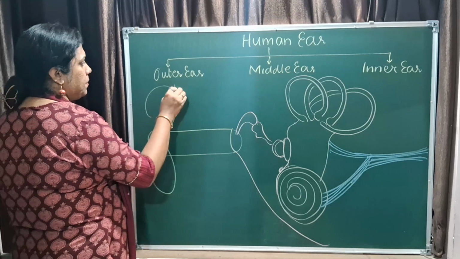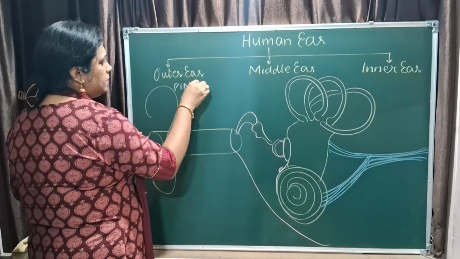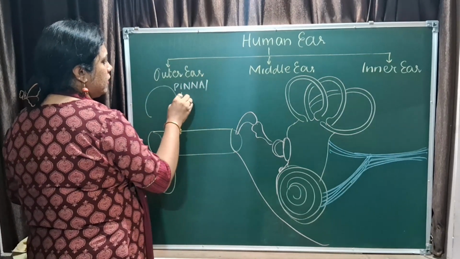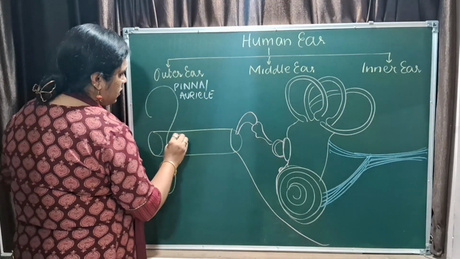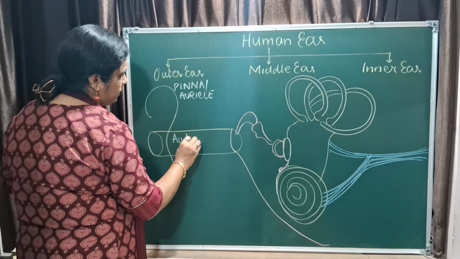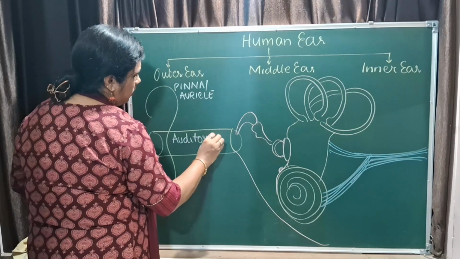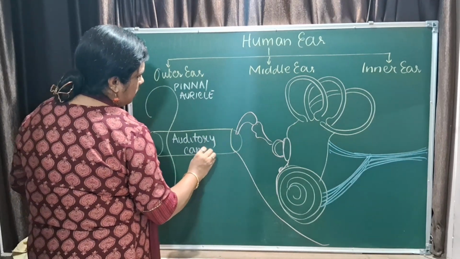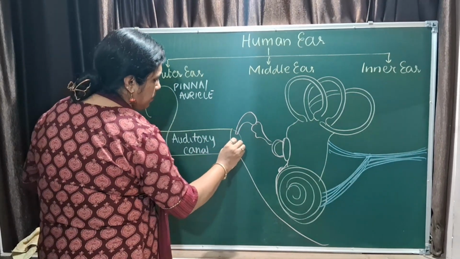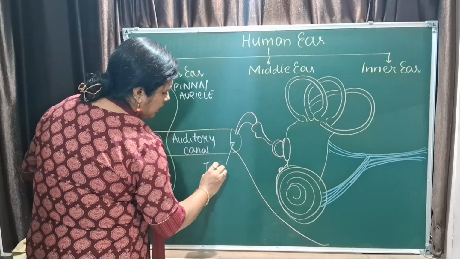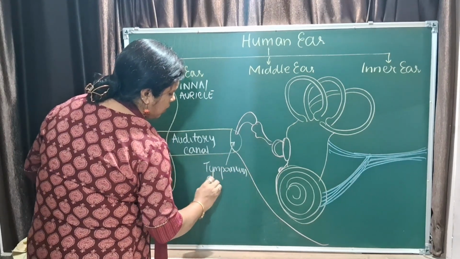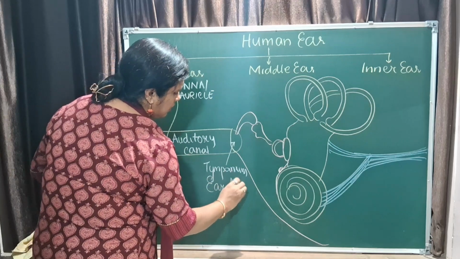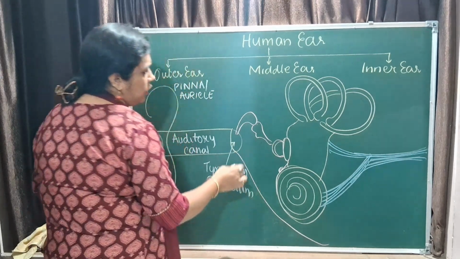This is the pinna or the ear auricle. This is the auditory canal. This is your tympanum, or eardrum. It is called the eardrum. Then you have three bones.